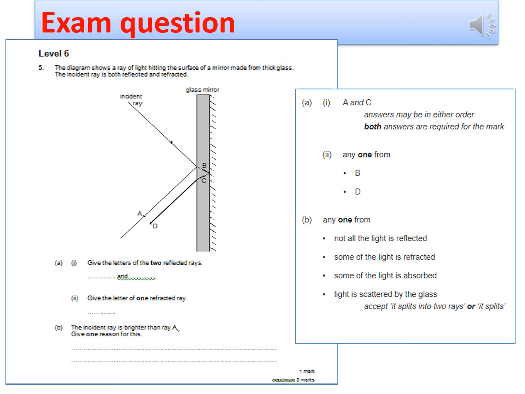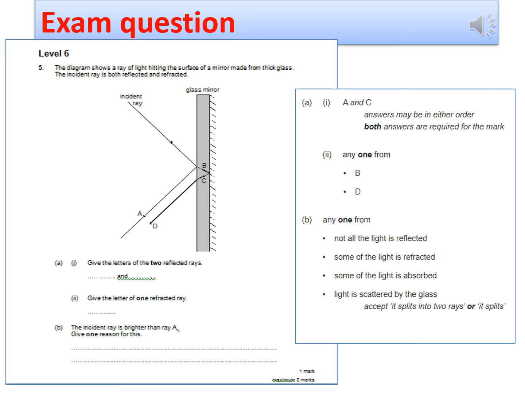Okay, marking your own here, you have got that the 2 letters of the 2 reflected rays are A and C. Now you might have put A and D because those are both coming away from the mirror, but if we have a little look at the incident ray, you can see that A is being reflected straight off the mirror, so that's one of the reflections.